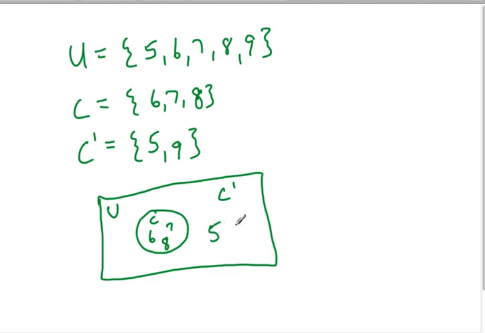That would include the numbers not involved. So remember, this whole box would be the universal set, and notice this 5, 6, 7, 8, and 9 are all there in that big box. The circle is the subset C that we're talking about, 6, 7, and 8, and the complement to the set is C prime, and that's the 5 and 9 that were not included in here.